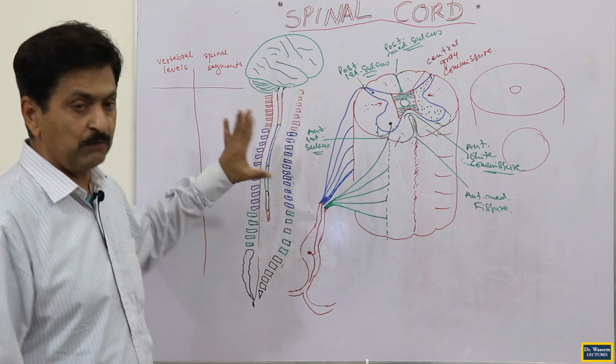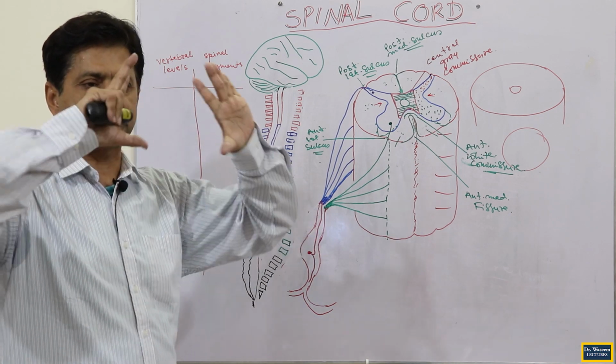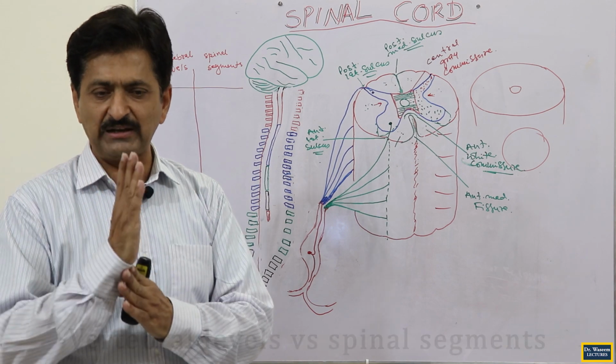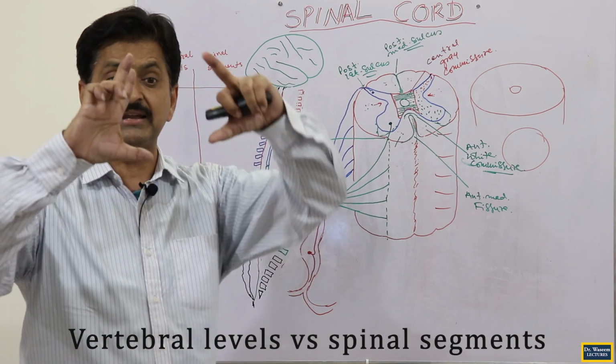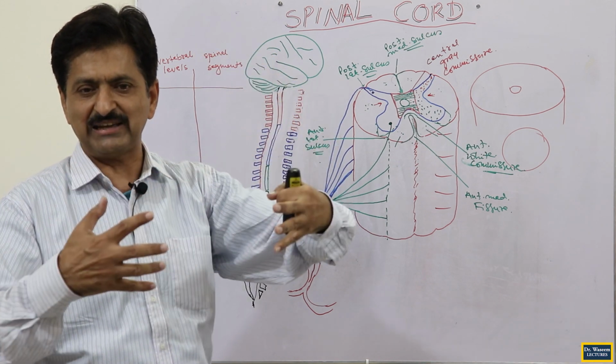All 31 segments and all 31 nerve attachments are in this area, the zone where the spinal cord itself lives, in 20 vertebrae.